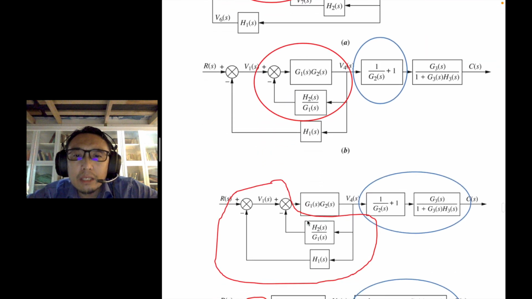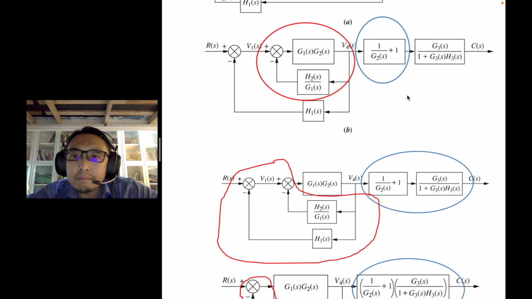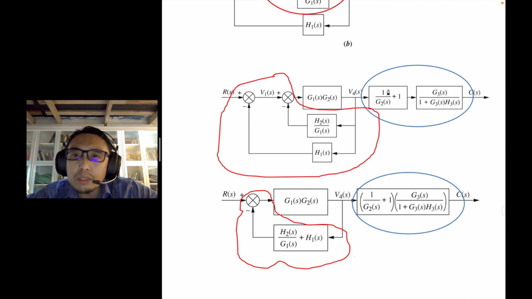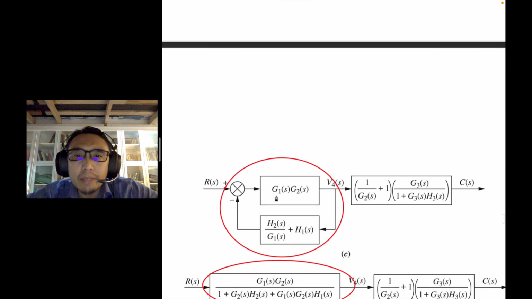So next, this is another parallel form, H2, G1 and H1. So this is H2 over G1 plus H1. Yeah, these two can be combined together. The blue one is just the cascade form, and then you have combined this into parallel form, and from here you can see it's a feedback form.